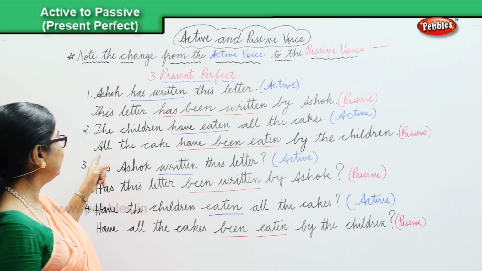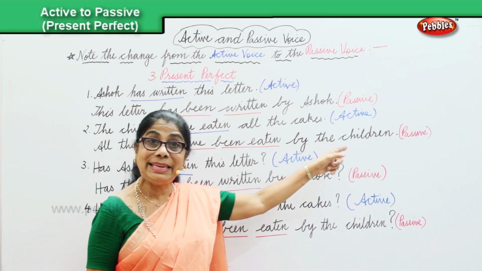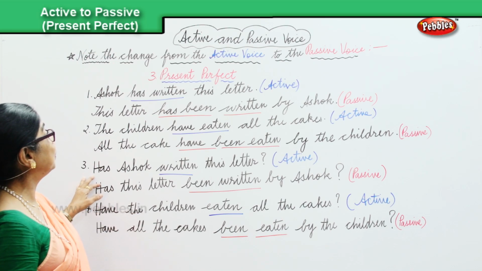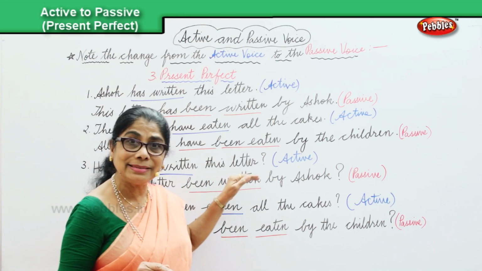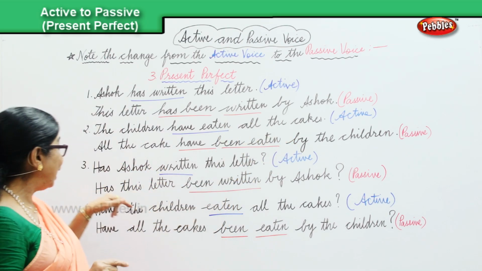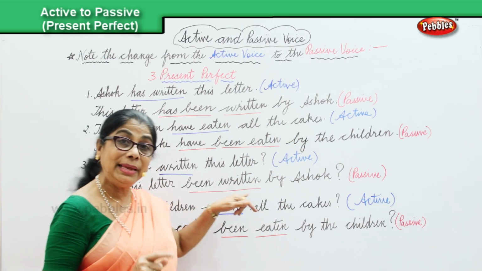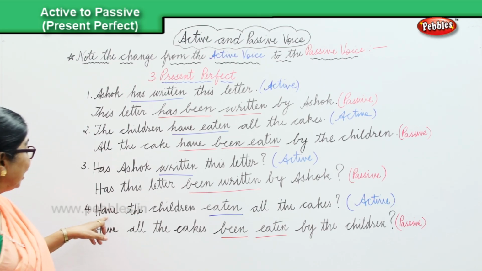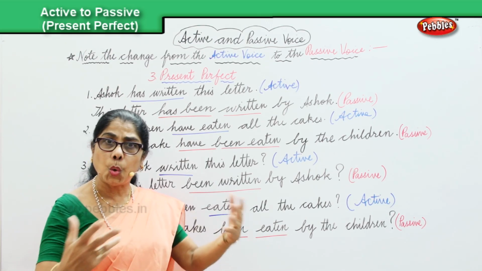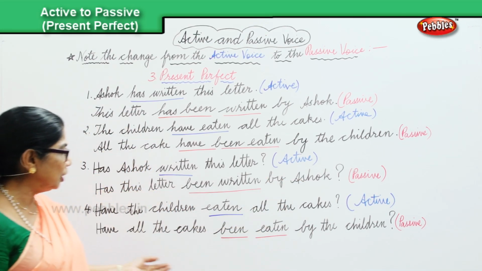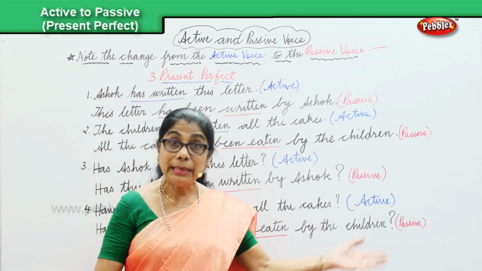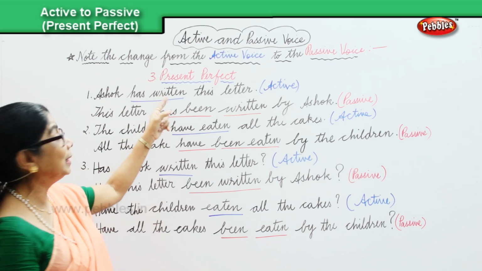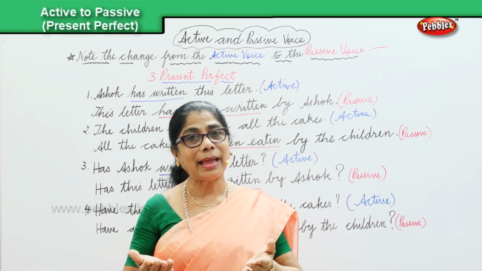Then into the passive, all the cakes have been eaten by the children. Passive. And the third, in the present perfect, has Ashok written this letter? Active. We're changing over. Has this letter been written by Ashok? In the passive. And finally, in the present perfect, have the children eaten all the cakes? Active. And change over. Have all the cakes been eaten by the children? Passive voice. So we learned now in the present perfect to change over the active into the passive.